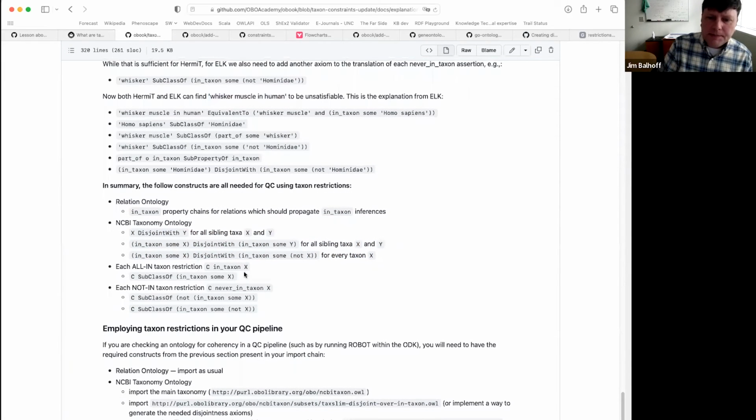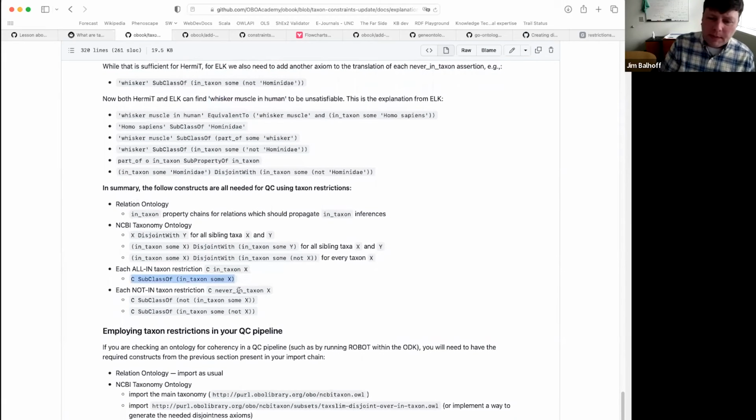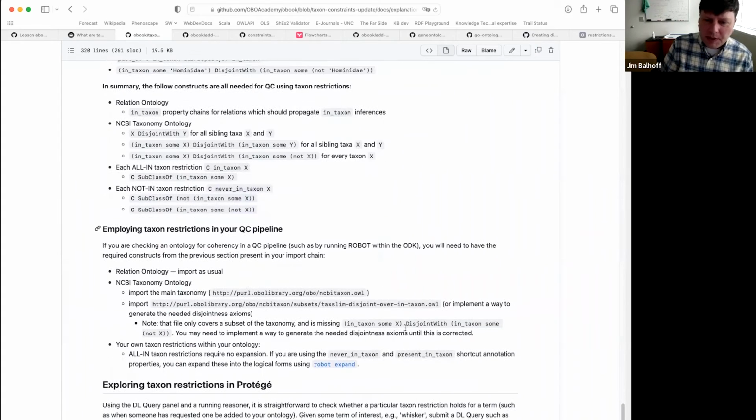And then for every in taxon, it's just straightforward. You just put this in your ontology. And then for every never in taxon, you need to expand that to both of these statements.